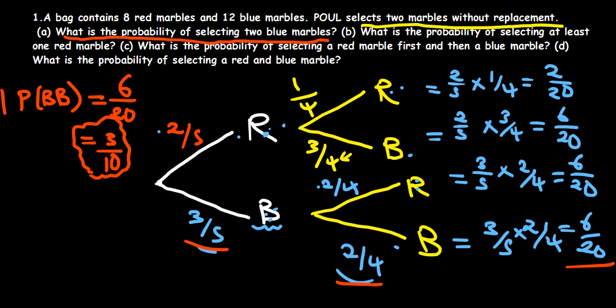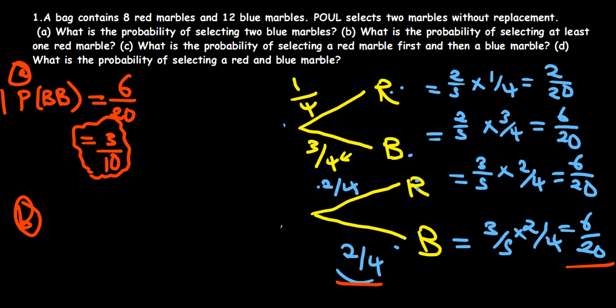Okay, and then B, so this was A, and then B, we are told what is the probability of selecting at least 1 red marble? Okay, so what are we going to do in order to find that?